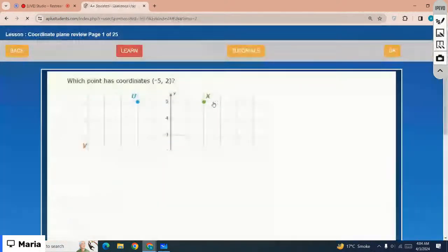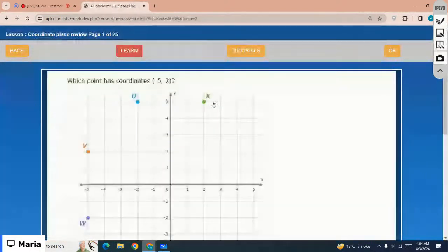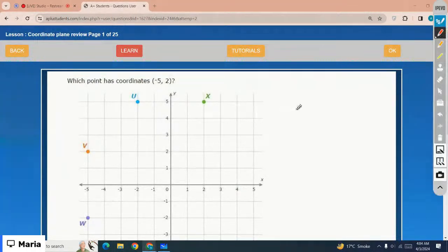Which point has the coordinates -5 and 2, right? The first value, -5, is the x coordinate and 2 is the y coordinate. The x value is negative and the y value is positive, right? So on this side, x is negative and y is positive.